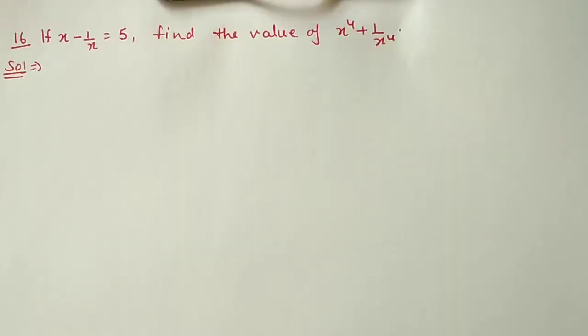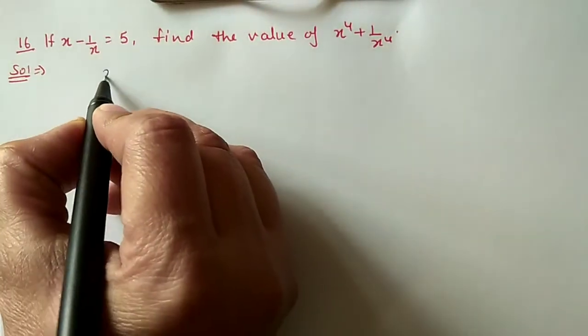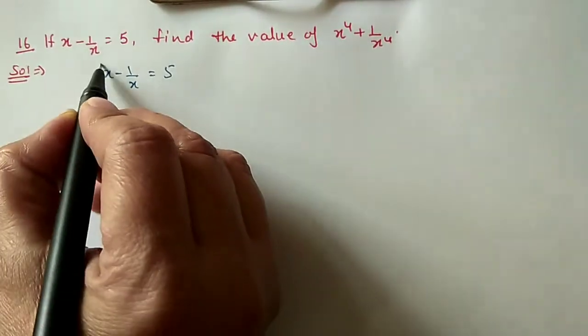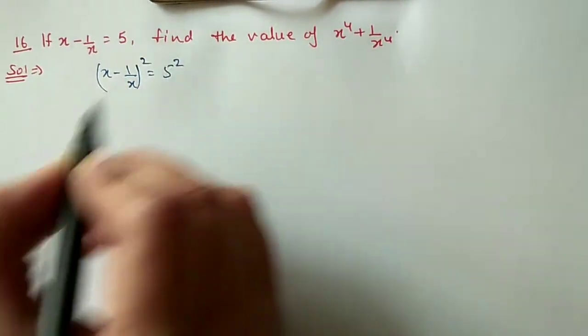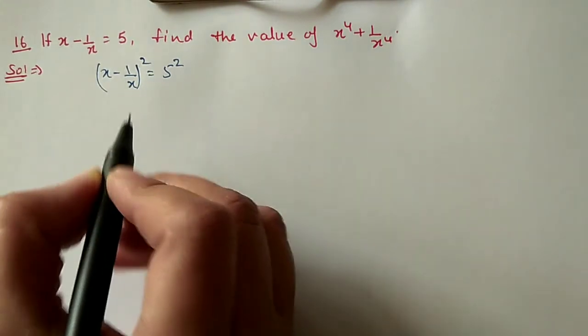Next, question number 16. If x minus 1 by x is equal to 5, find the value of x to the power 4 plus 1 by x to the power 4. So we will start from the given value. X minus 1 by x is equal to 5 is given. We will do squaring both the sides. Then this side we will expand with the formula a minus b whole square.